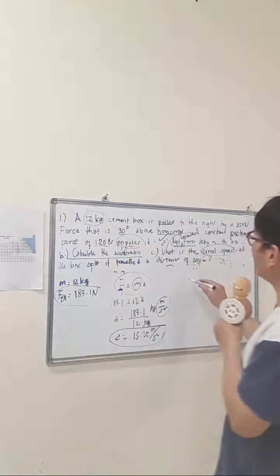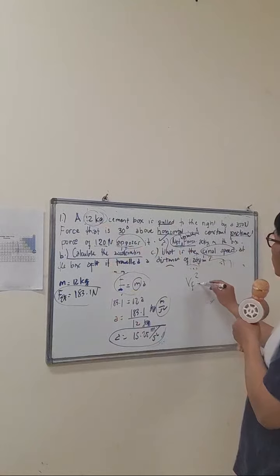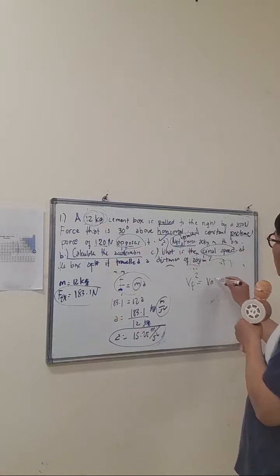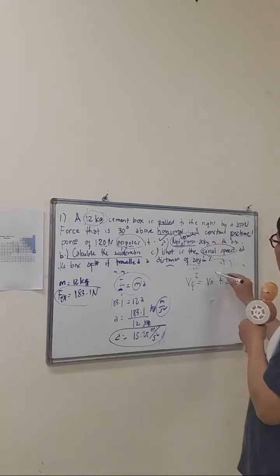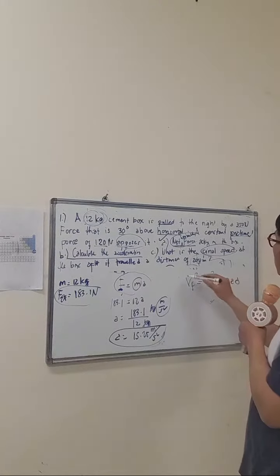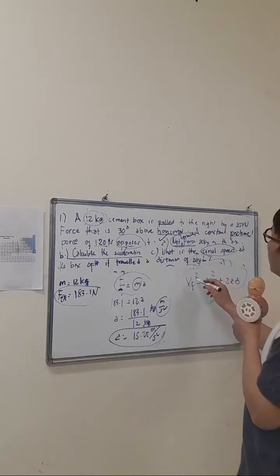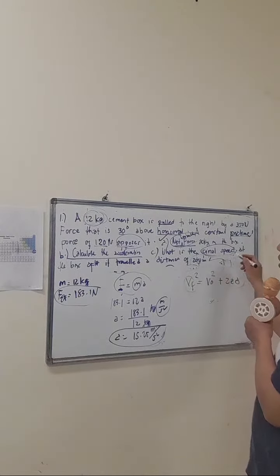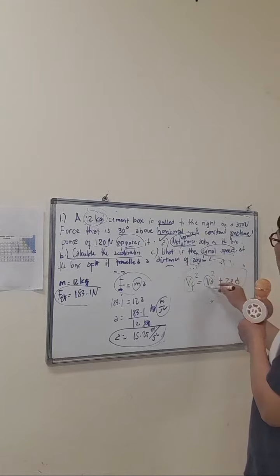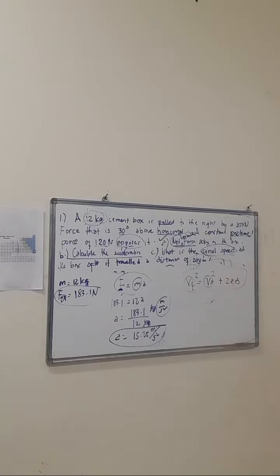So final velocity squared is equal to initial velocity squared plus 2AD. Scrutinize and examine one by one the quantities and the terminology. Final velocity is the one we are asking for. Initial velocity: how can we get the initial velocity in this kind of problem?